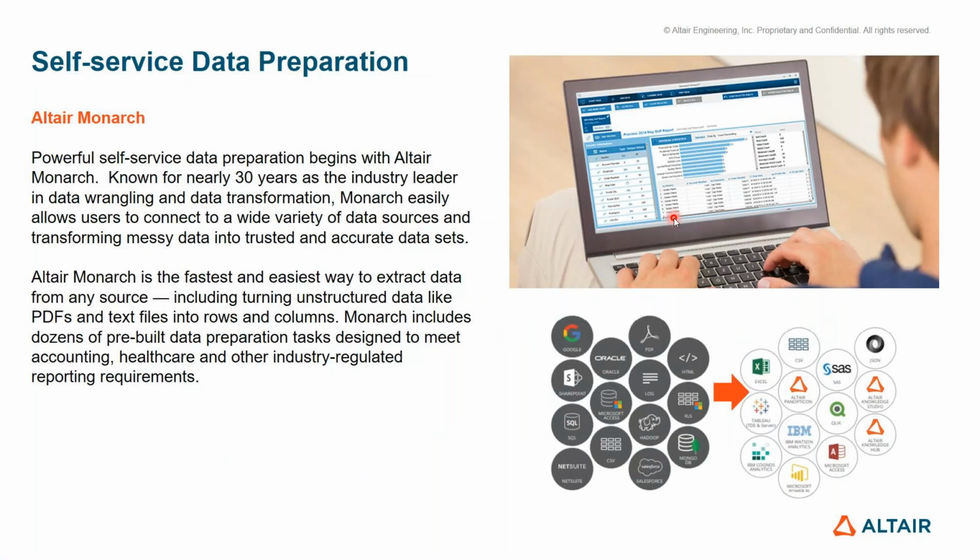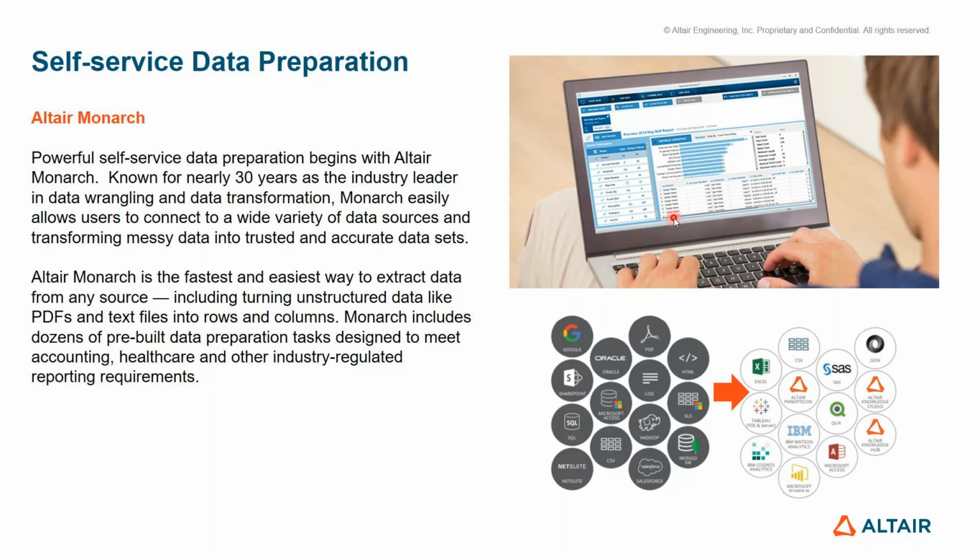Altair Monarch is the module which helps the data engineers to prepare the data. So it converts the unstructured data into structured data, from raw formats like PDF, text, or Excel, and so on.